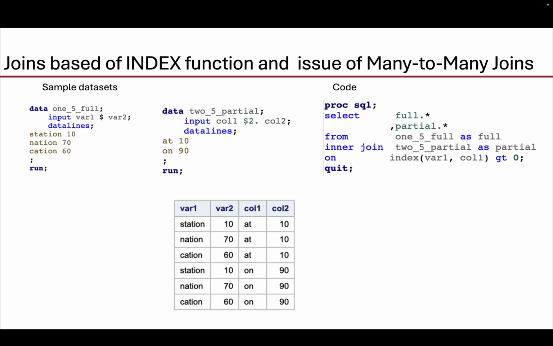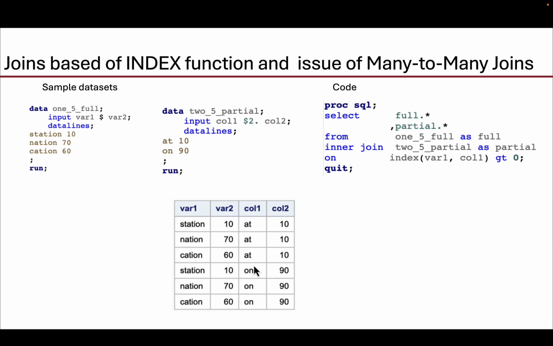And if you see in here in the results, we see the same. Before going to that, what I want to say is here I am doing select full.* and partial.*, meaning I want all the variables from here and all the variables from here. In the result, you can see that three observations are matching with 80 and three observations in here are matching with ON.